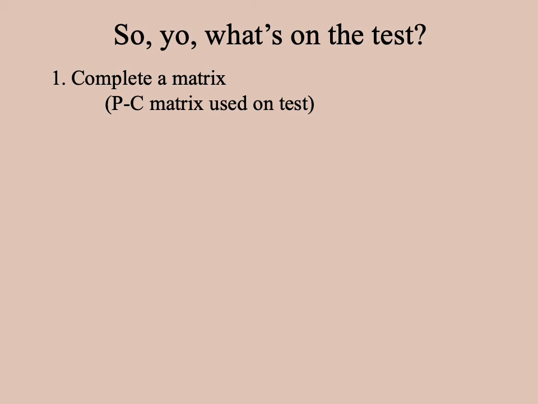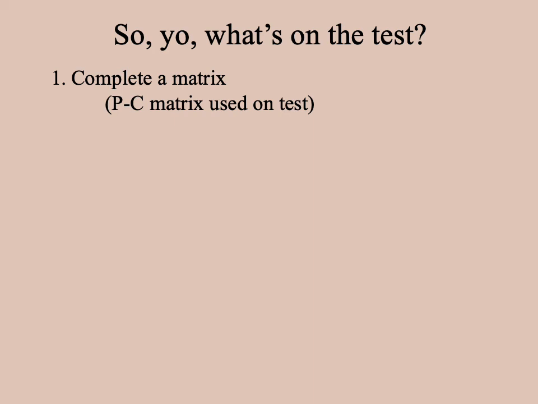After you've completed that matrix, and I do mean complete, I don't mean construct, what's going to happen is on the matrix, I will have filled in some of the squares, and I will have left some of the squares blank, and your job will be to write the pitch names in the blank squares.